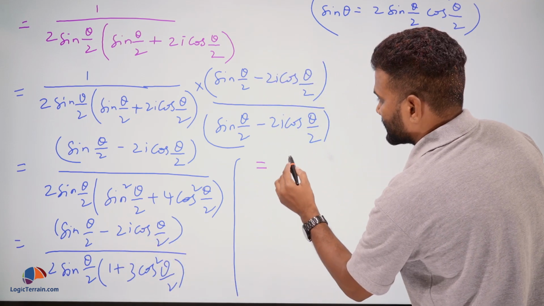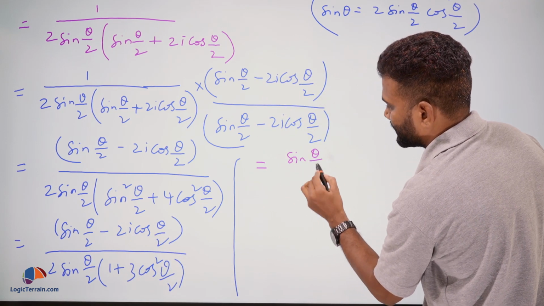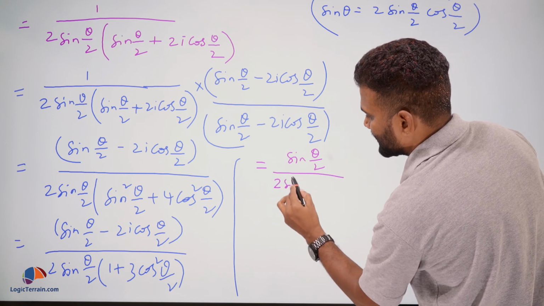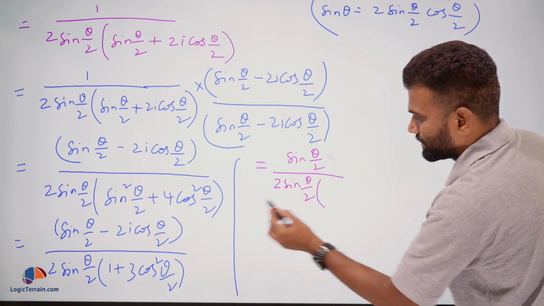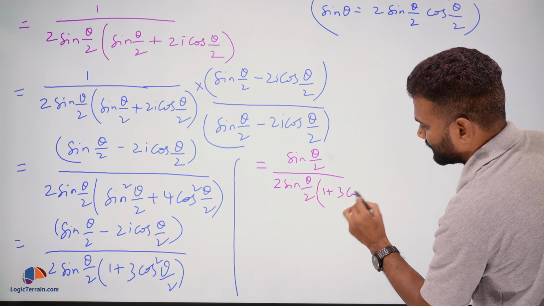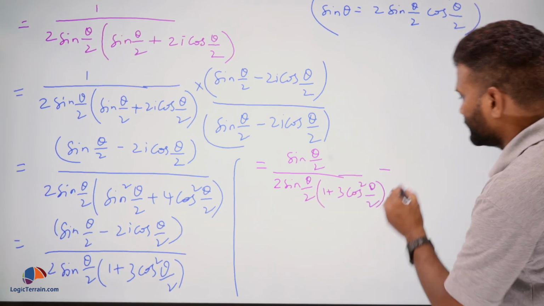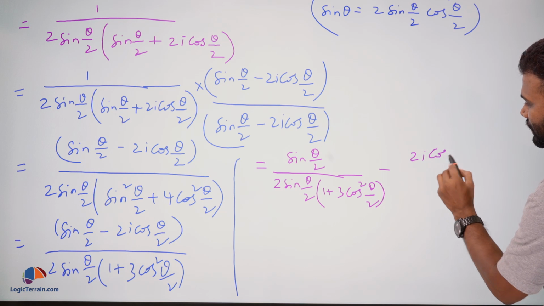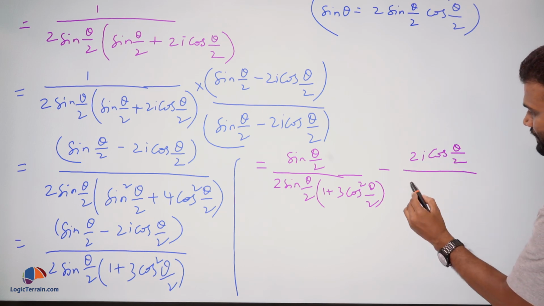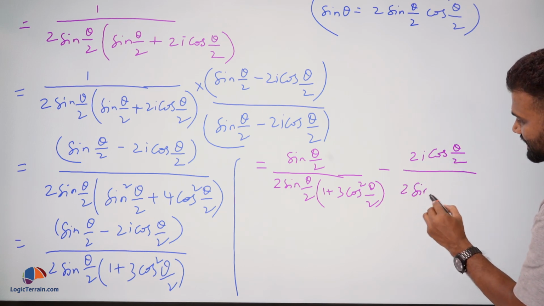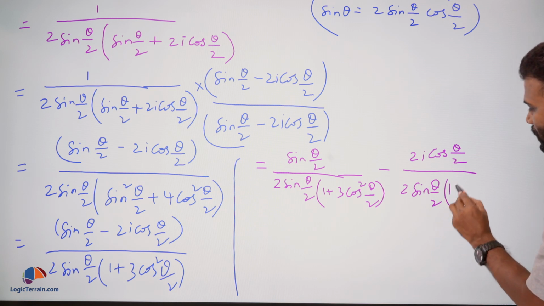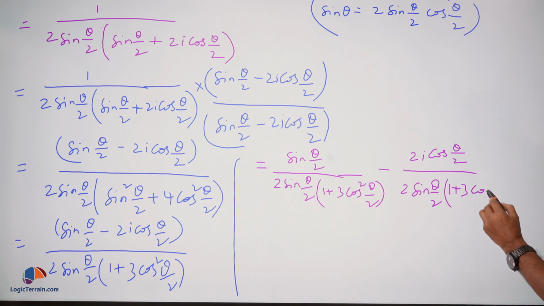So this becomes sin theta upon 2 upon 2 sin theta upon 2 into 1 plus 3 cos square theta upon 2 minus here 2i cos theta upon 2 upon 2 sin theta upon 2 into 1 plus 3 cos square theta upon 2.